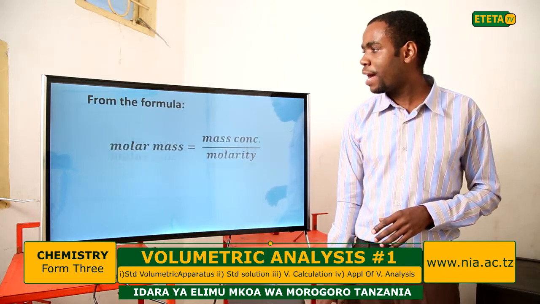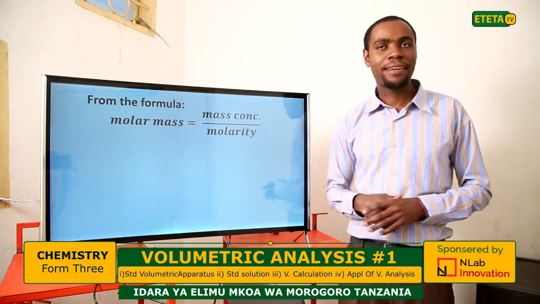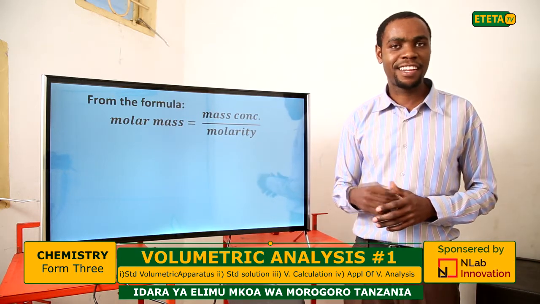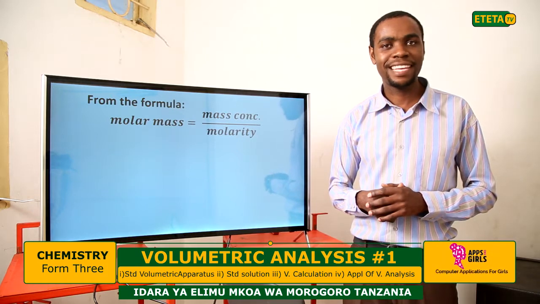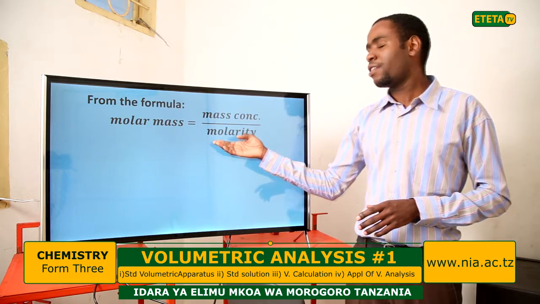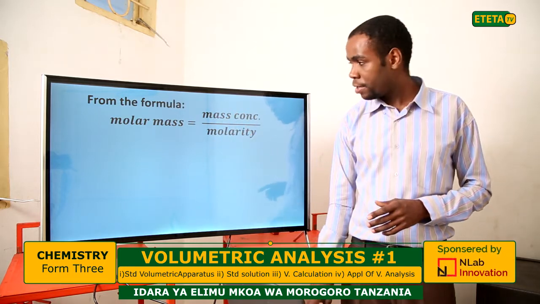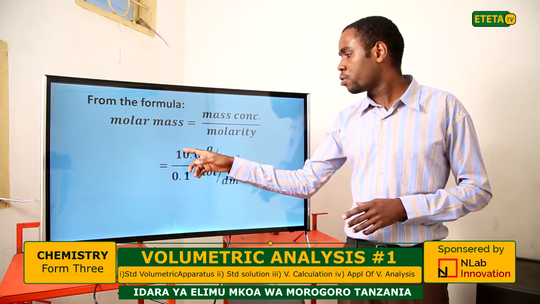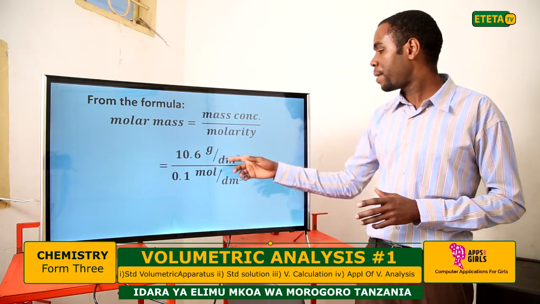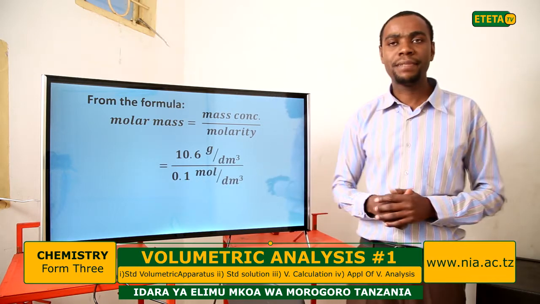Now, from the formula, molar mass is equal to mass concentration over molarity. That's the relationship which we discussed earlier. Mass concentration you have, molarity you have. Now, it will be equal to 10.6 grams per decimeter cube divided by 0.1 mole per decimeter cube.